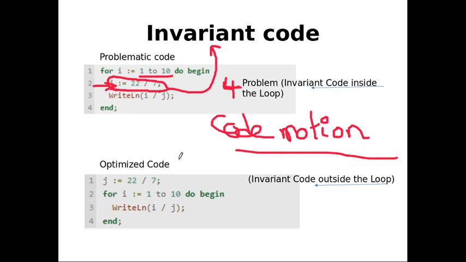When you are moving it outside of the loop, we require only 4 clock cycles for statement 1, nothing but j equal 22 by 7, and we are not repeating that statement within the loop. So previously, before code optimization, we required 4 into 10, 40 clock cycles. Now we need only 4 cycles. You are reducing 36 clock cycles.